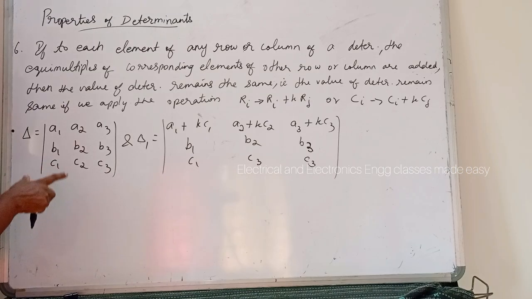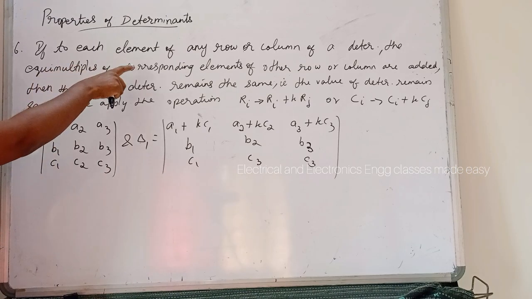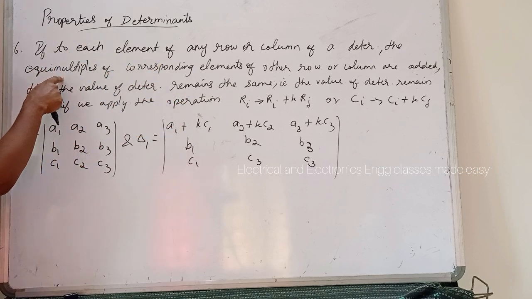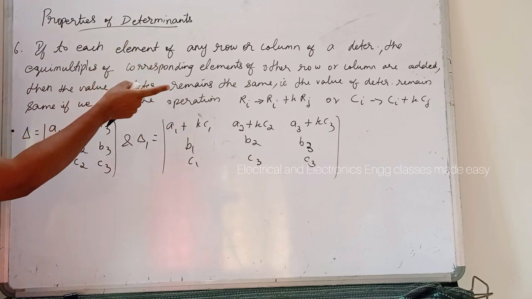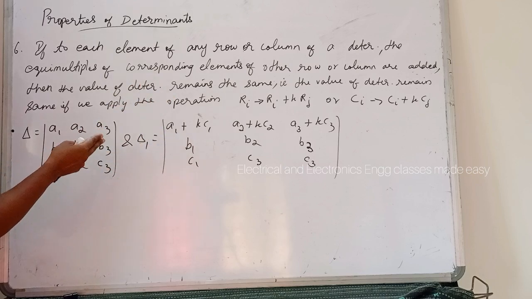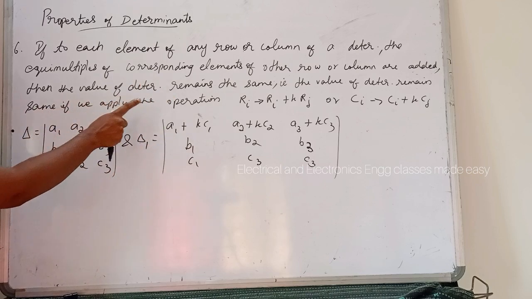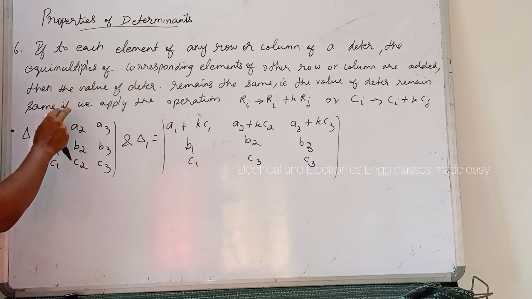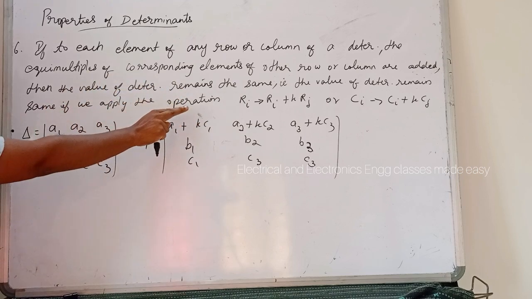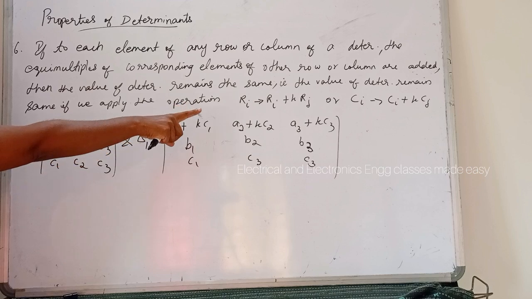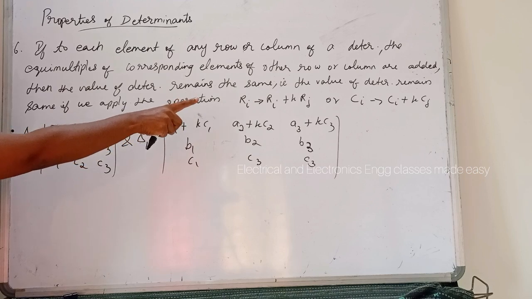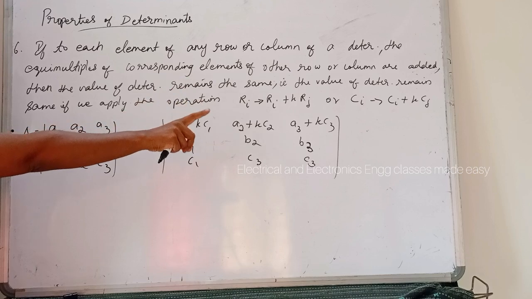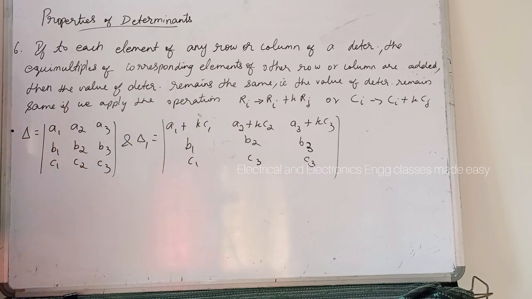Next property is, if to each element of any row or column of a determinant, the equimultiples of corresponding elements of other row or column are added, then the value of determinant remains the same. That is, the value of determinant remains same if we apply the operation Ri implies Ri plus K into Rj, or Ci implies Ci plus K into Cj.